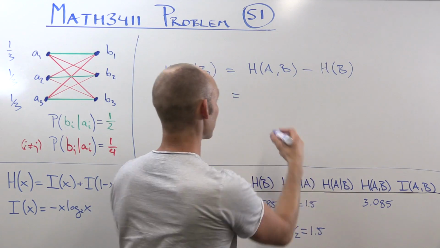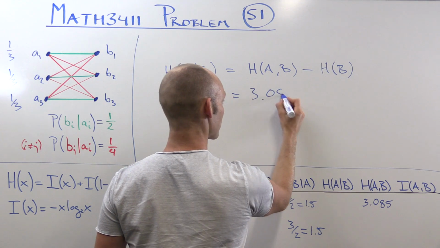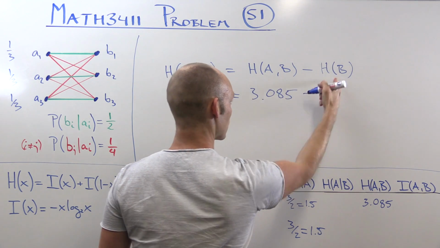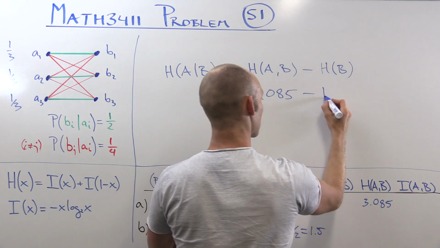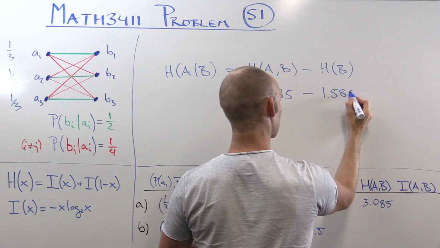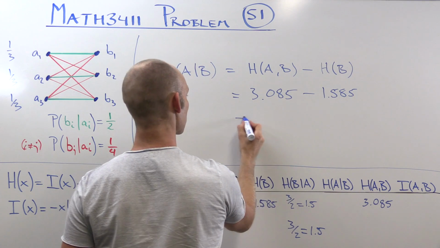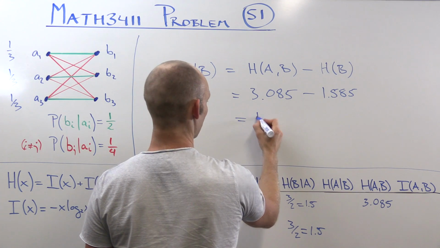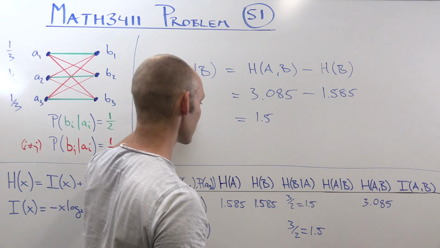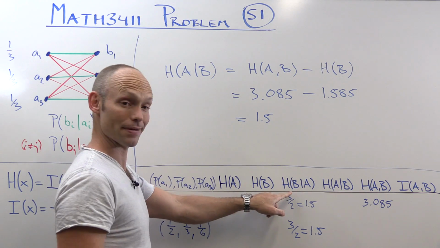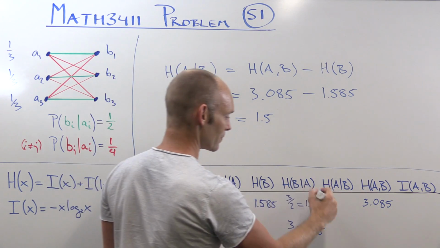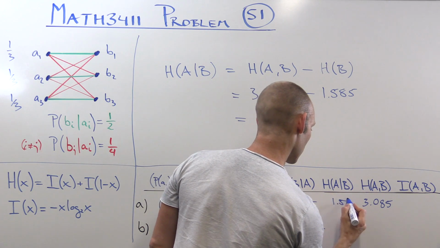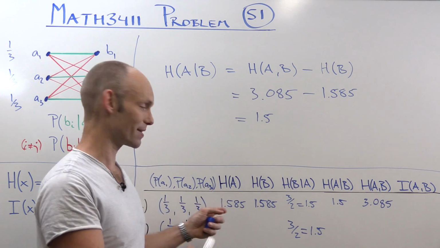So the joint entropy was 3.085, H of B was 1.585, so this gives us 1.5. So this is exactly the same as the entropy of B given A. So things are extremely symmetric in this particular case.